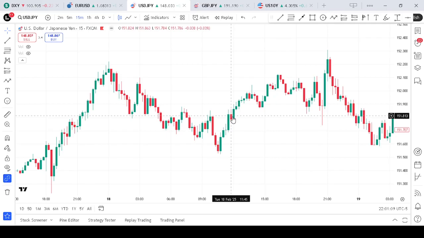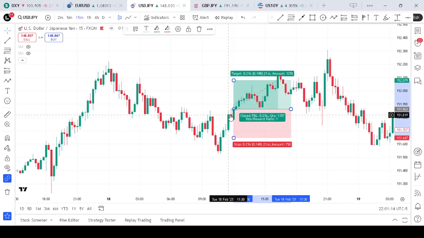So we enter the trade after we see a bullish candle after it comes back to retest that area. This is where we would want to enter our trade.